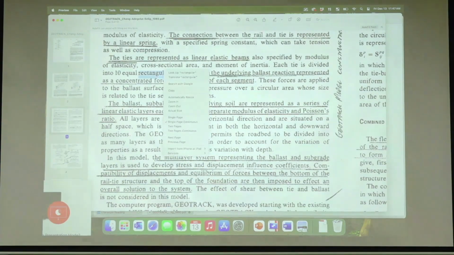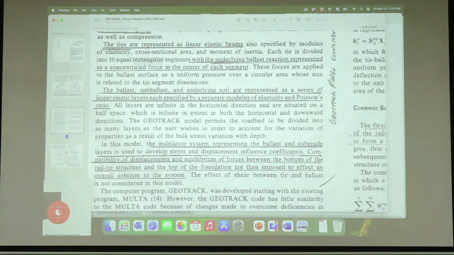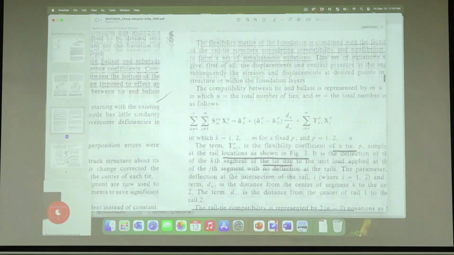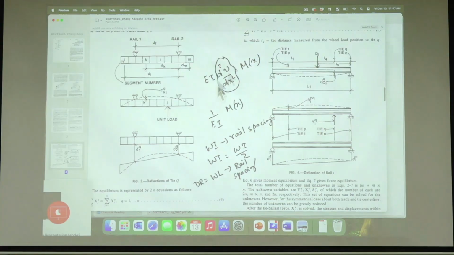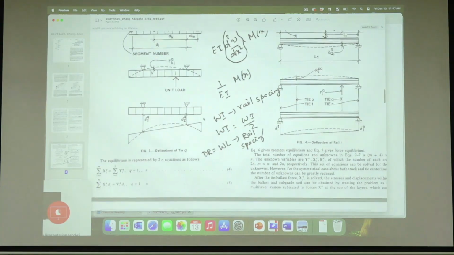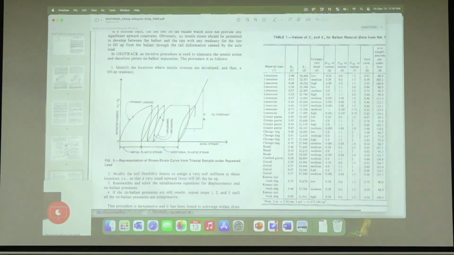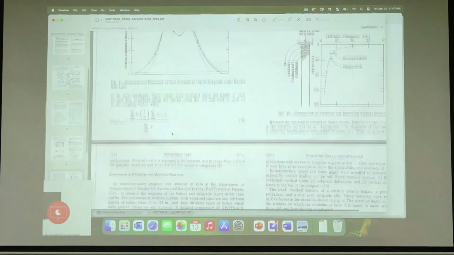Ties are represented as linear elastic beams specified by modulus of elasticity, and the ties are supported by the underlying layer. There is some mathematics underneath; go back to your beam theory. These are some of my hand notes, and it can also model hysteresis behavior and stress dependent behavior.